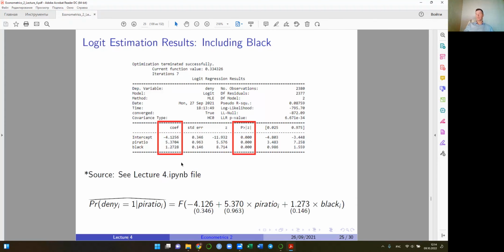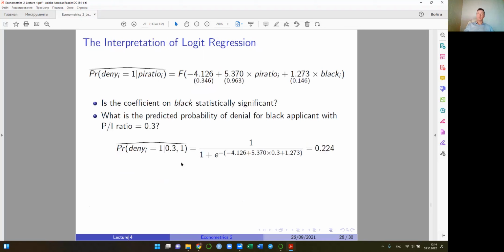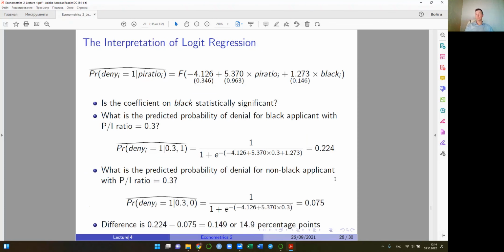For example, when we are using Logit for a black person with PI ratio of 0.3, we get the following probability, 22.4%. When there is a non-black person, we have 7.5%, and Logit says that there is a difference of 14.9% that a black person is not going to be granted a loan compared to a non-black person.